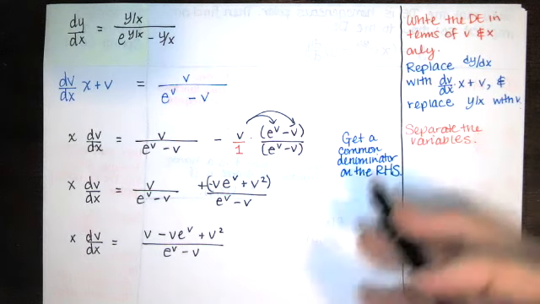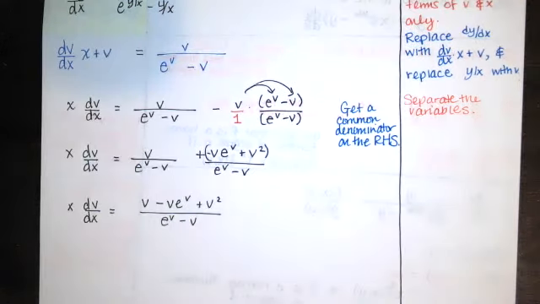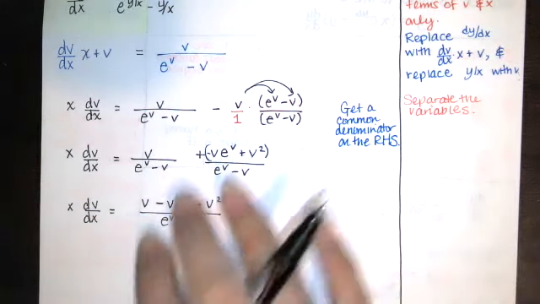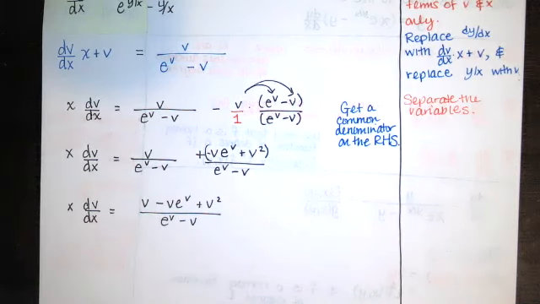Okay, so we've almost separated the variables. In order to separate the variables, we're going to take the reciprocal of both sides after we've gotten a common denominator on the right-hand side.